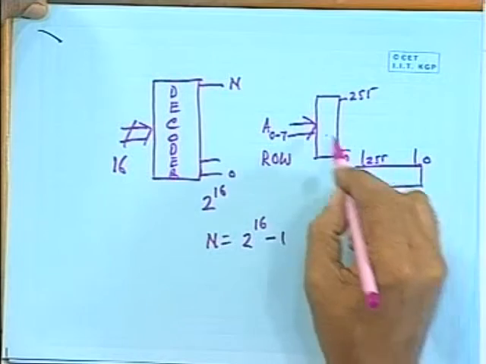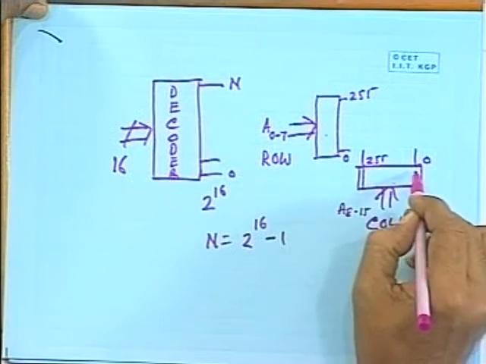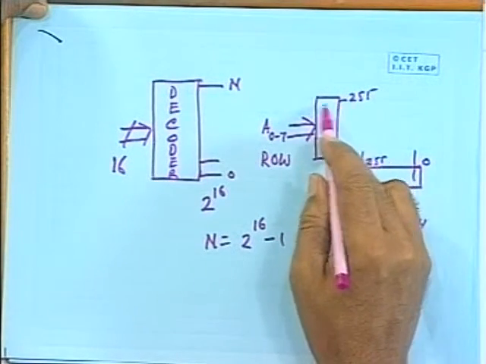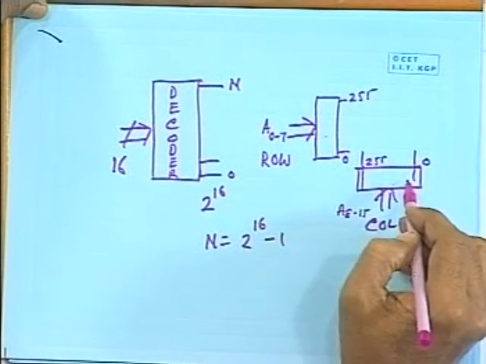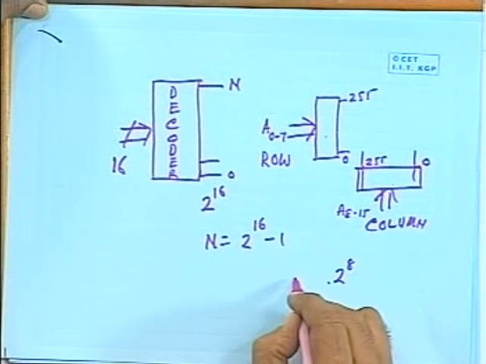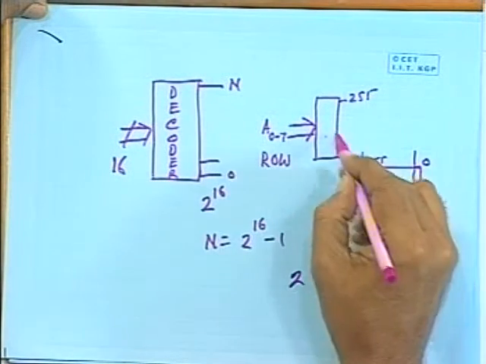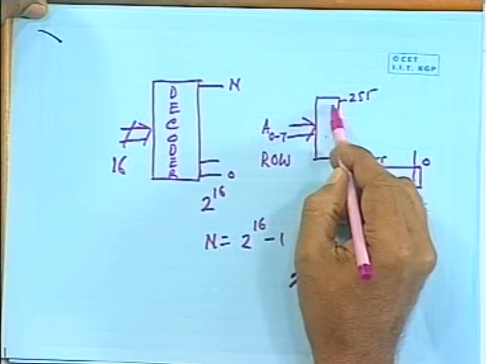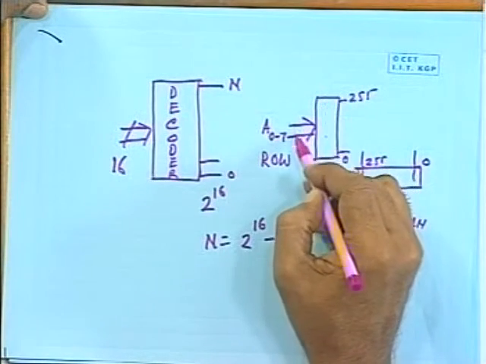So if you add up the complexity, what is the complexity of each of the decoders? How many lines are there? You have altogether 2 into 2 to the power 8 lines. And each of them is a function of 8 address lines.